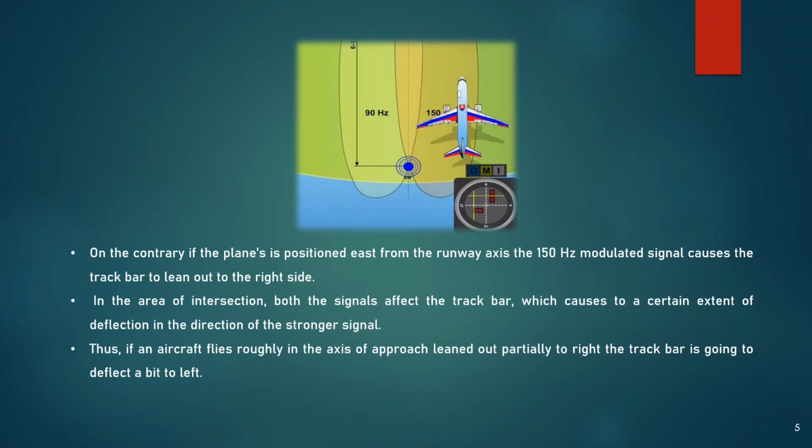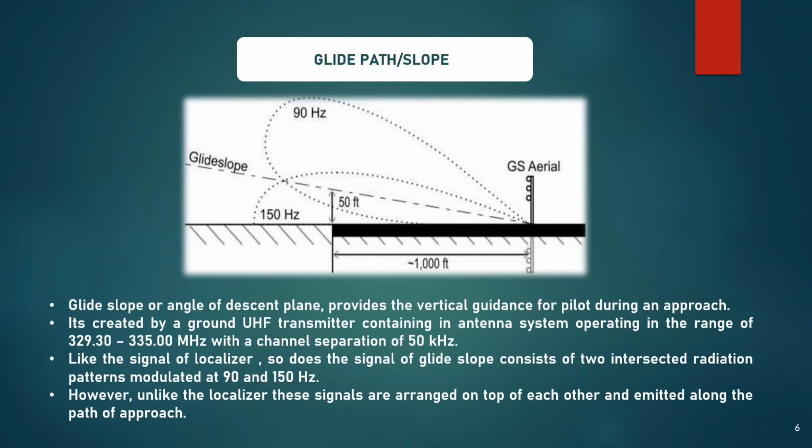On the contrary, if the plane is positioned east of the runway axis, the 150 Hz modulated signal causes the track bar to lean out to the left side. In the area of intersection, both signals affect the track bar, which causes a certain extent of deflection in the direction of the stronger signal. Thus, if an aircraft flies roughly on the axis of approach, leaned out partially to the right of the track bar, it is going to deflect a bit to the left.